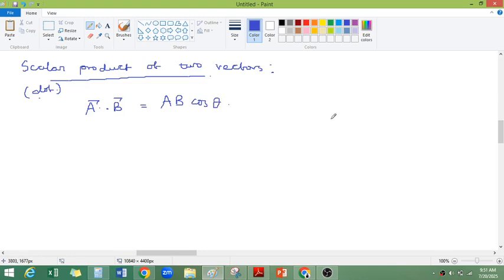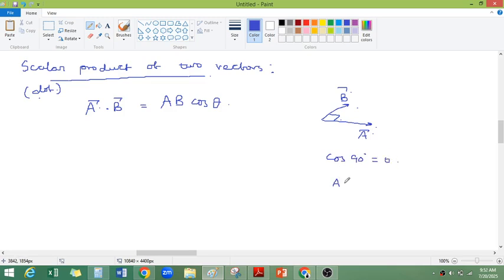Suppose a is this way, b is this way. So if it is 90 degrees, then a dot b will become ab cos 90. Cos 90 will become 0.